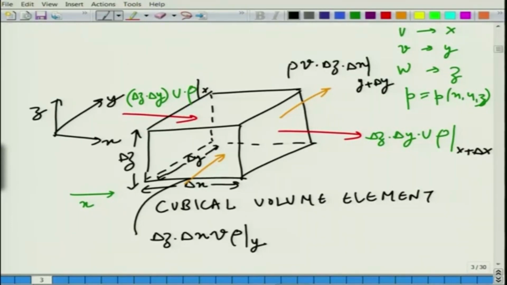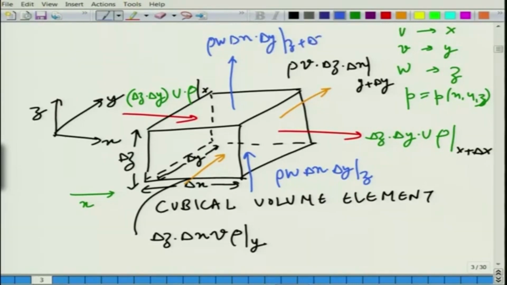Okay. And what about the flux that travels along the z direction? So, let me use yet another color to simplify things. The one that enters the volume is from the bottom face, that is your rho times w delta x into delta y at z, and rho w delta x delta y at z plus delta z.